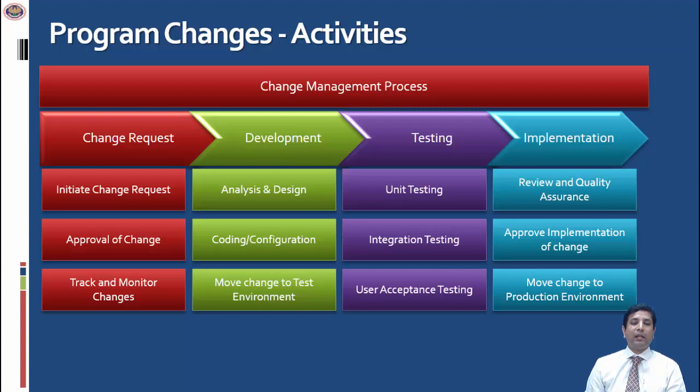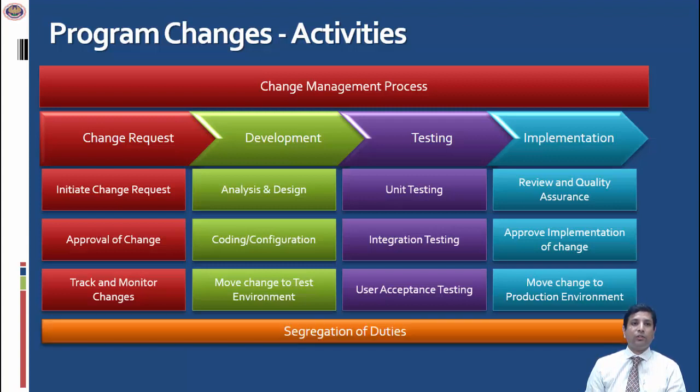During this process, it is very critical and essential to ensure that there is adequate segregation of duties for the people who are involved in the change management process. Typically, the person who is initiating or requesting the change should not also be the developer. And typically, the person who is testing should not be performing the migration to production.